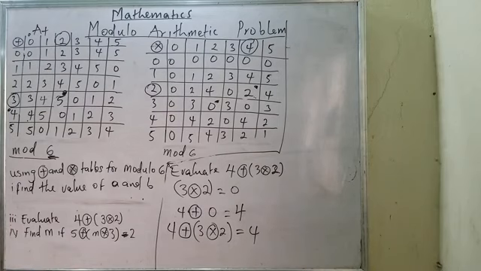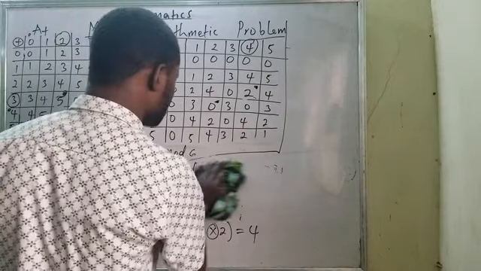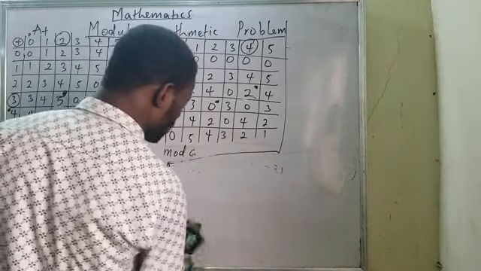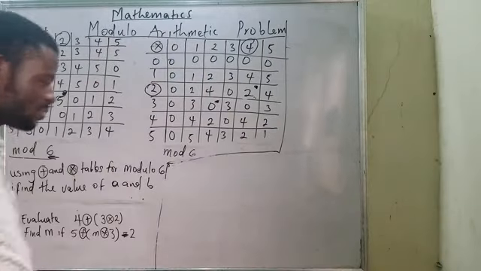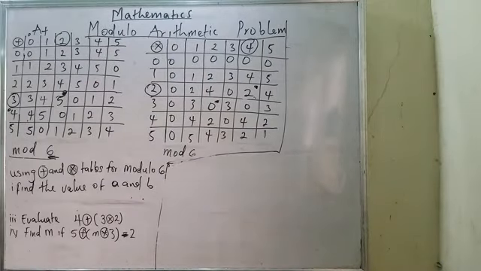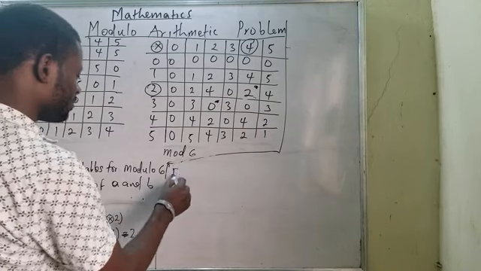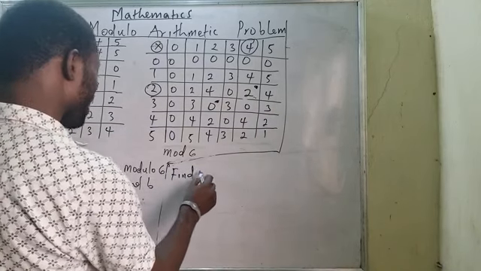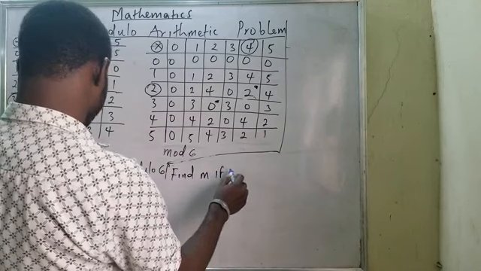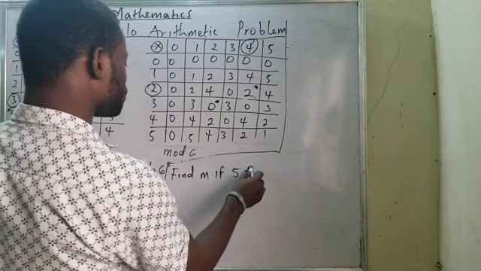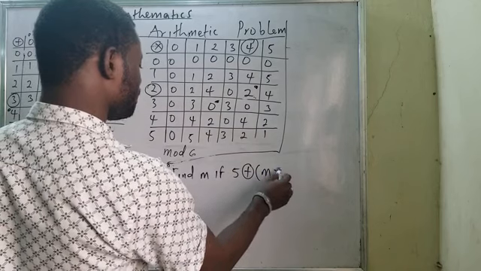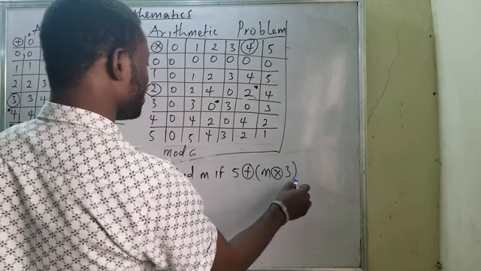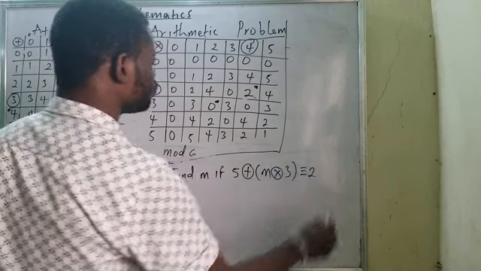Now, the last part of it is a very simple one also, which when my student was asking me this, I was just laughing, because at a point I had taught her something like this and she could not. Now, you are asked to find m if 5 operate with, in addition form, m multiplied by 3 is equivalent to 2.